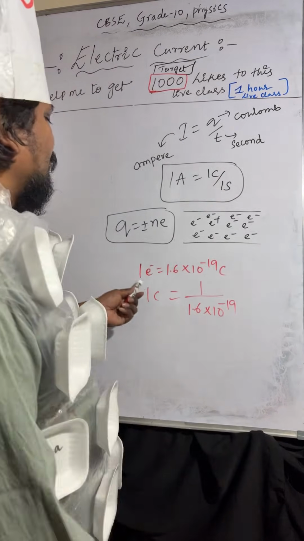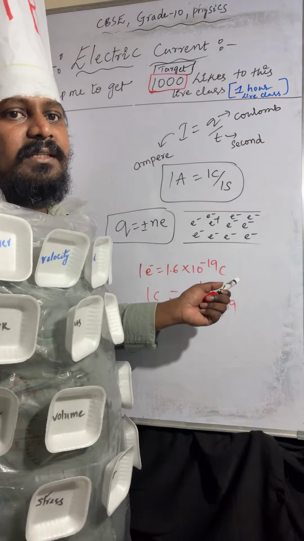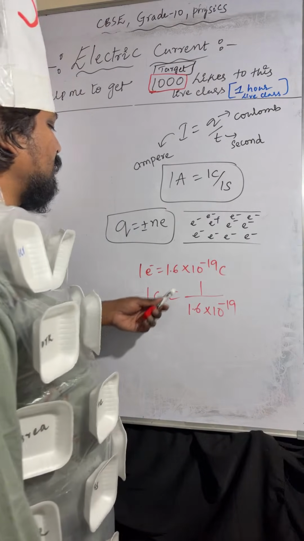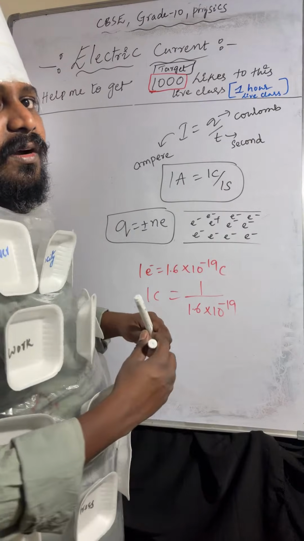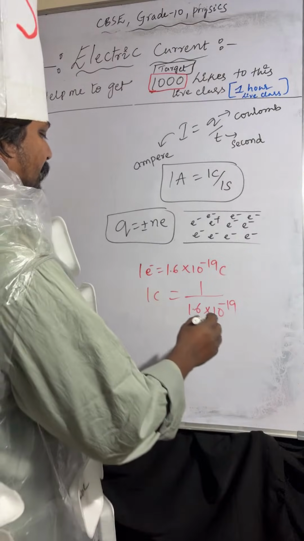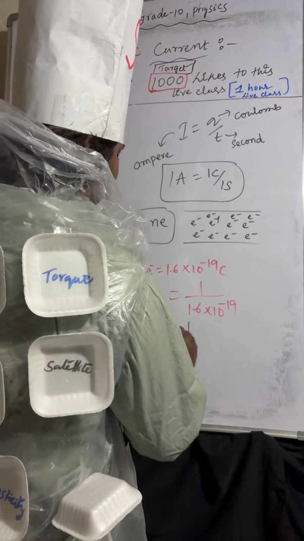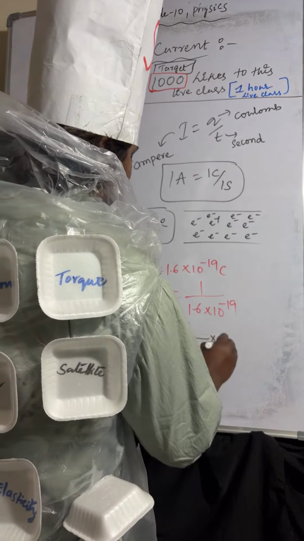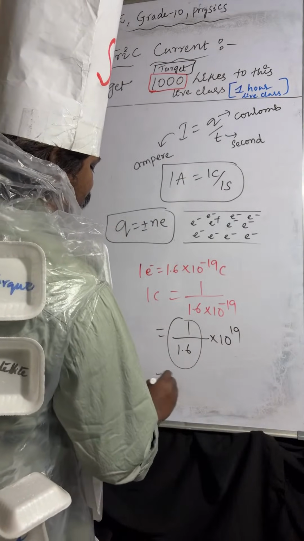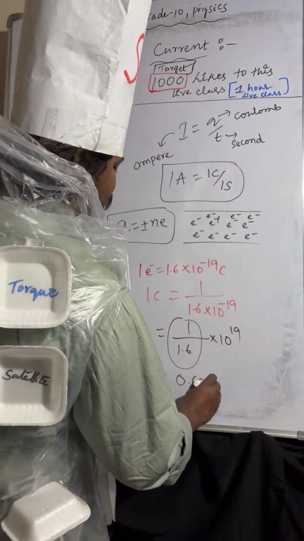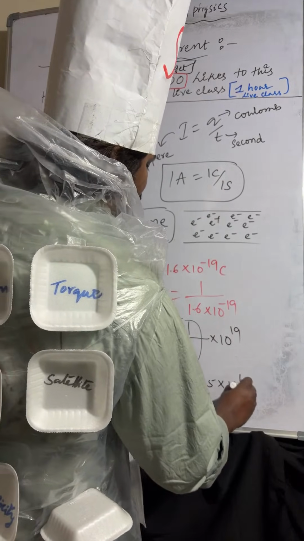On one electron, the charge is 1.6 into 10 power minus 19 coulomb. So in 1 coulomb, it is 1 by 1.6 into 10 power minus 19. If you solve this, you will get 0.625 into 10 power 19.